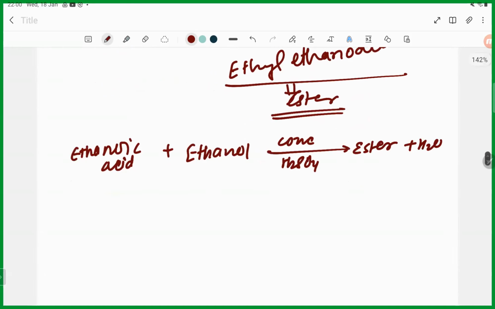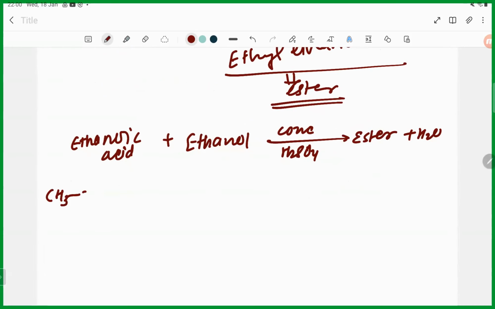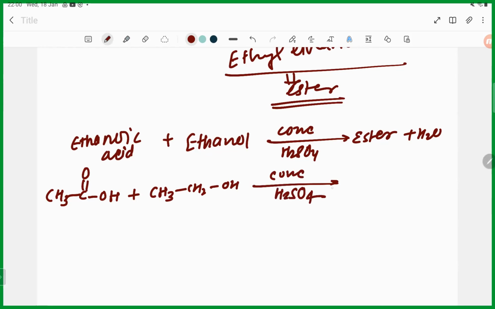Now let us see the equation. Here you see CH3COOH plus CH3CH2OH, with concentrated H2SO4.